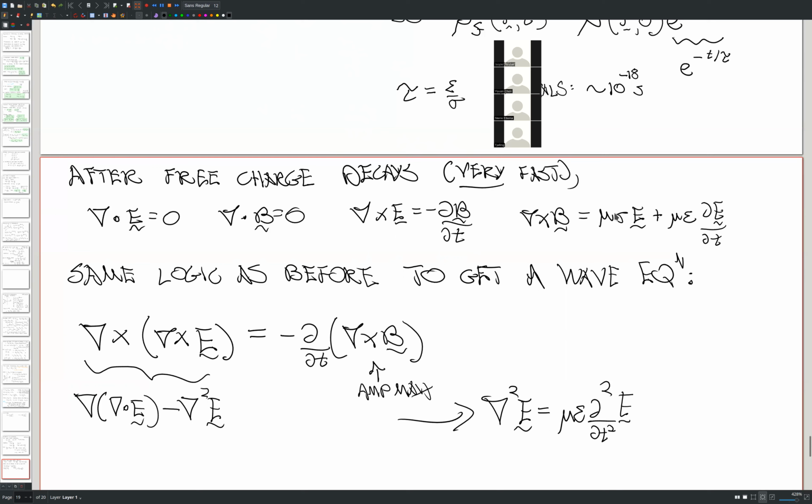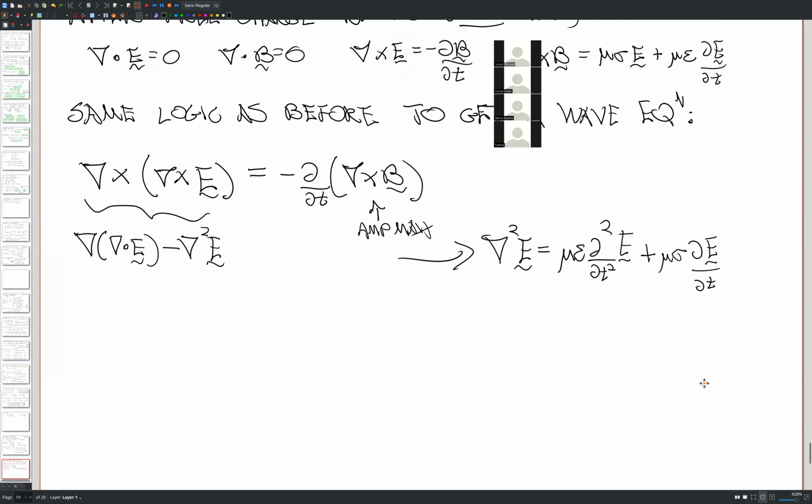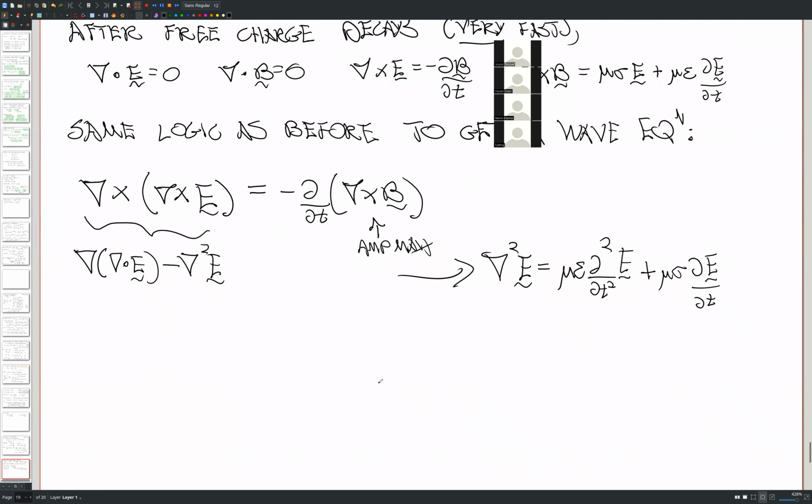There's this term here. Okay, so I've got plus mu sigma dE/dt. Okay, so that's the extra term. It looks like a kind of friction term that we have in there, and you'll see why.